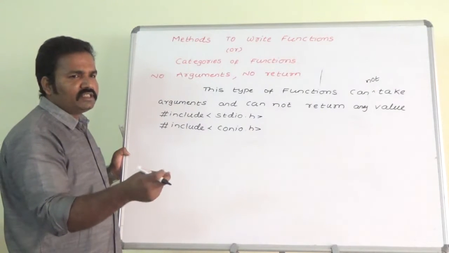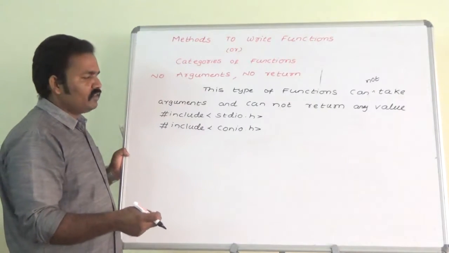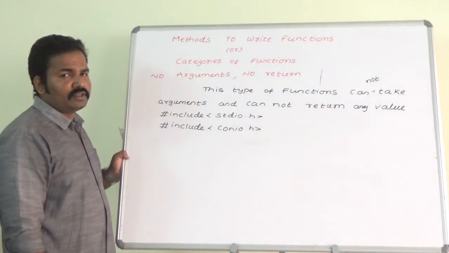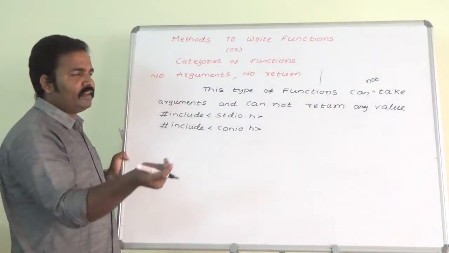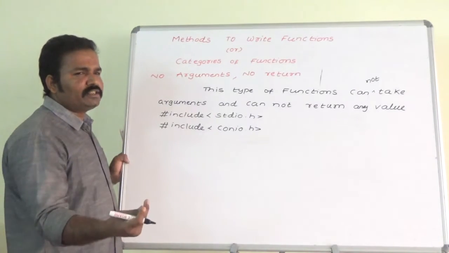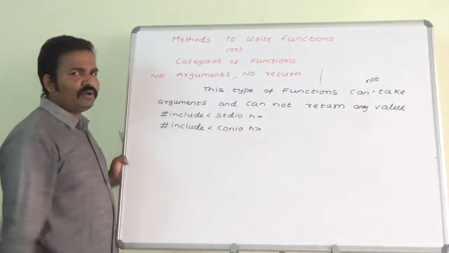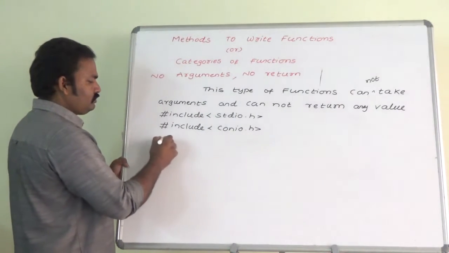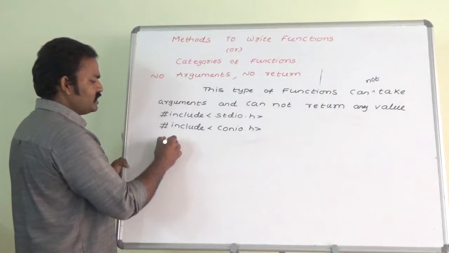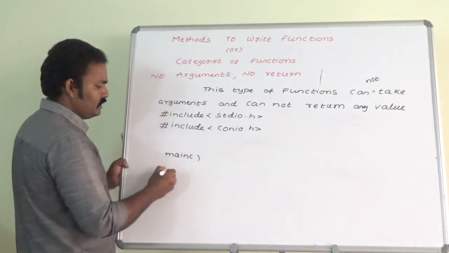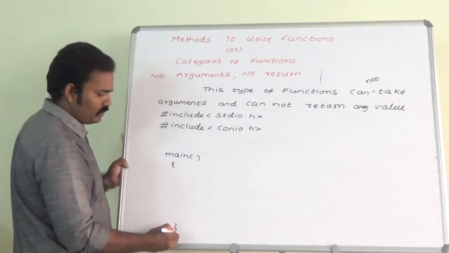Whenever you are using clrscr and getch functions, you should include the conio header file, because printf and scanf functions are available in the standard input output header file, and clrscr and getch functions are available in the conio header file. Link section completed. Next, I am writing the main function section, main opening brace, closing brace.